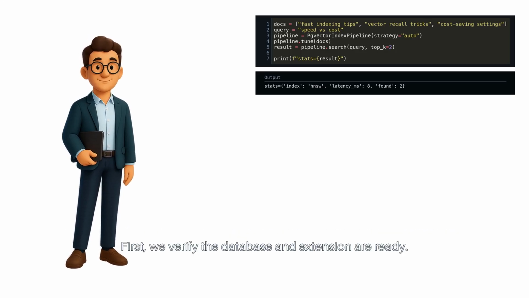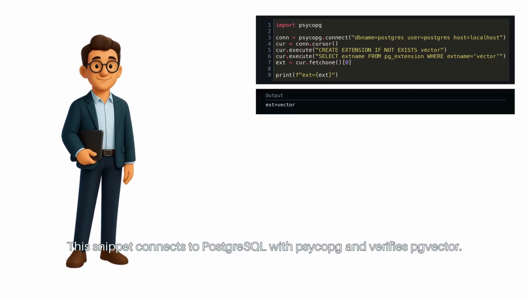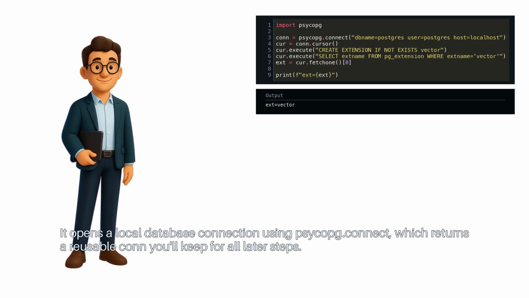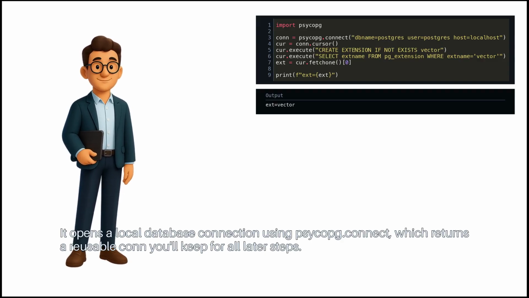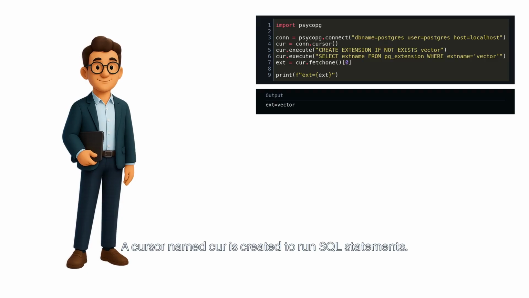First, we verify the database and extension are ready. This snippet connects to PostgreSQL with psycopg and verifies pgvector. It opens a local database connection using psycopg.connect, which returns a reusable con you'll keep for all later steps. A cursor named cur is created to run SQL statements.